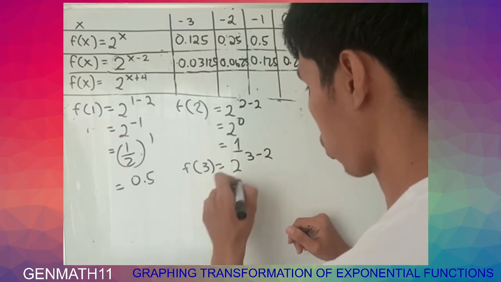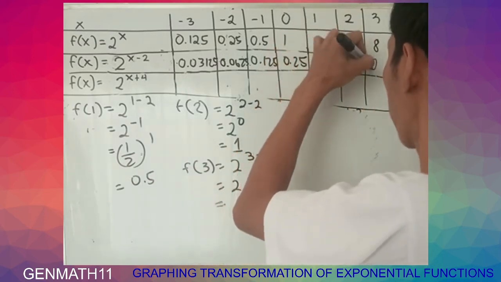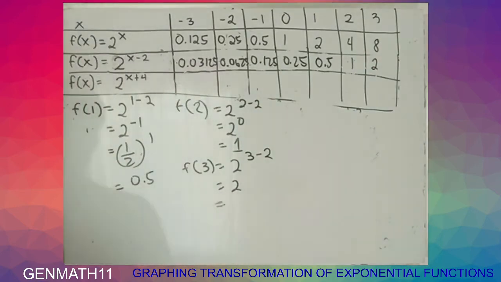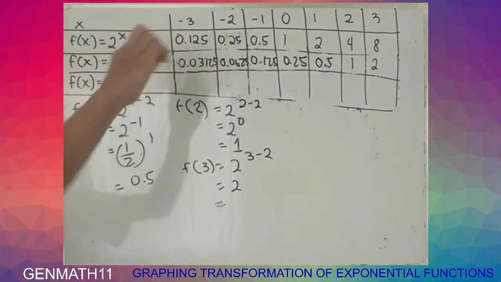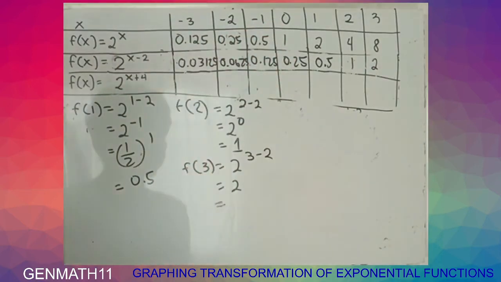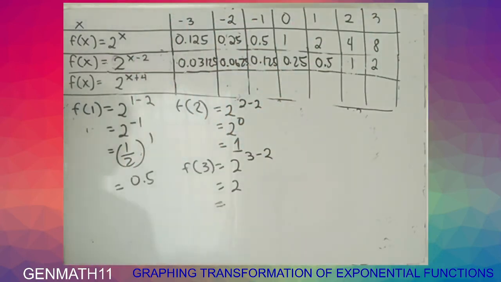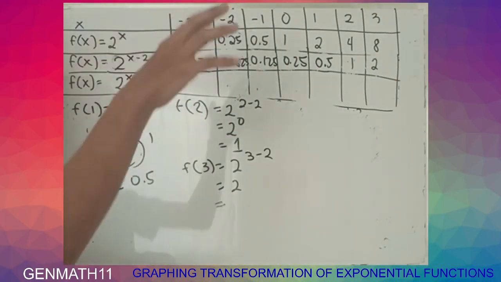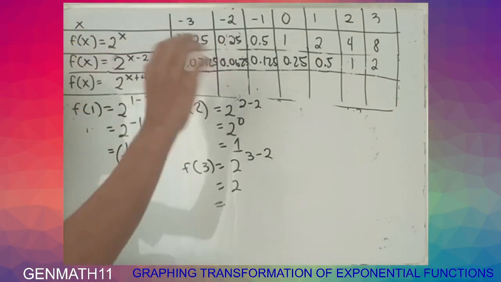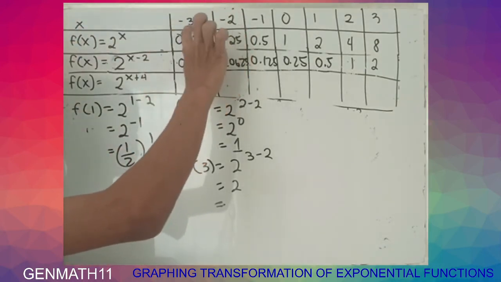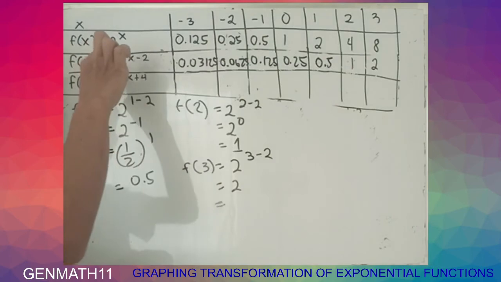Lagi nyo titingnan yung value ng x natin. Dito kasi, naka-by 1 siya, yung bilang niya. Negative 3, negative 2, negative 1, 0, 1, 2, 3. Magagamit nyo lang yung pattern na sasabihin ko kapag yung given natin ay by 1. Pero sa base 2 lang yan.